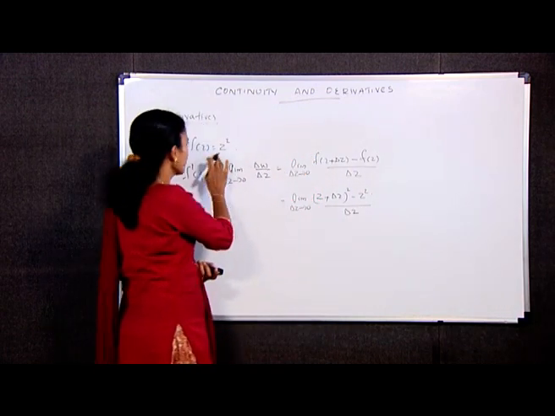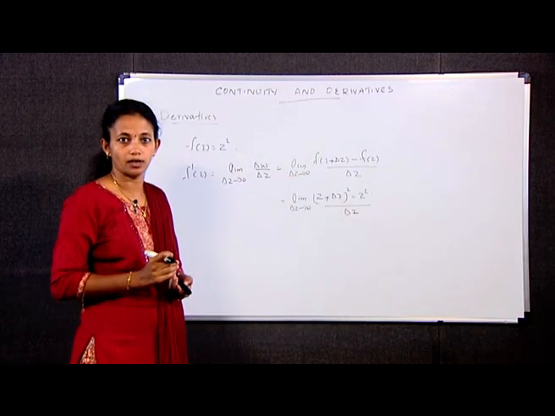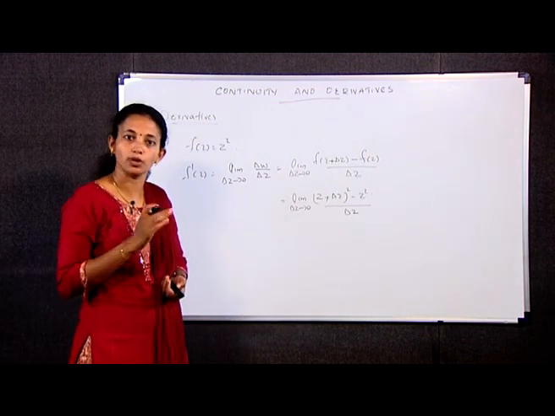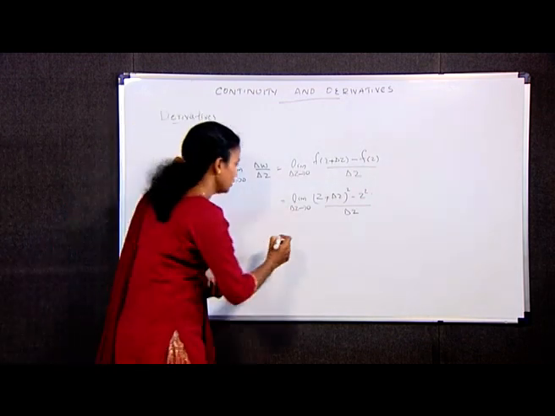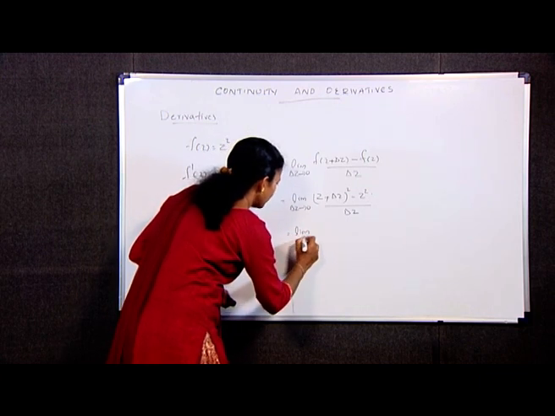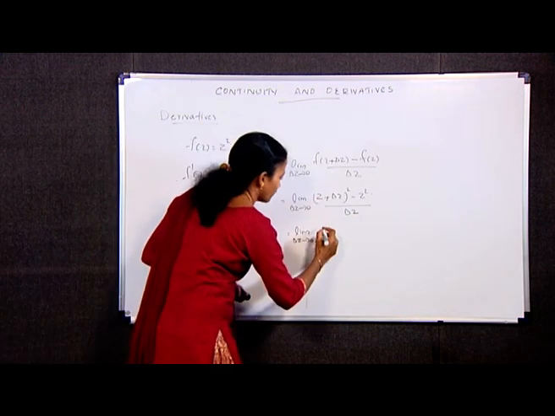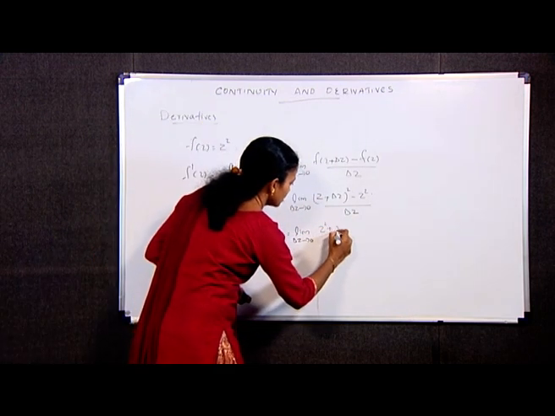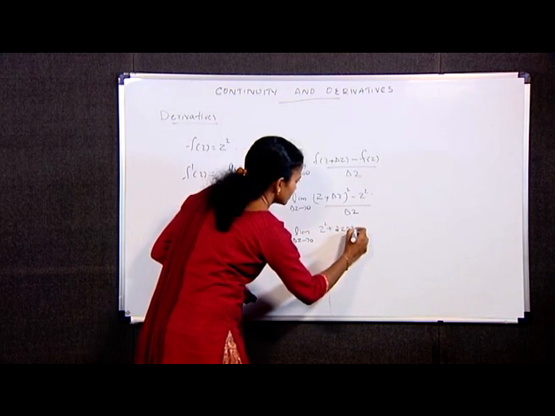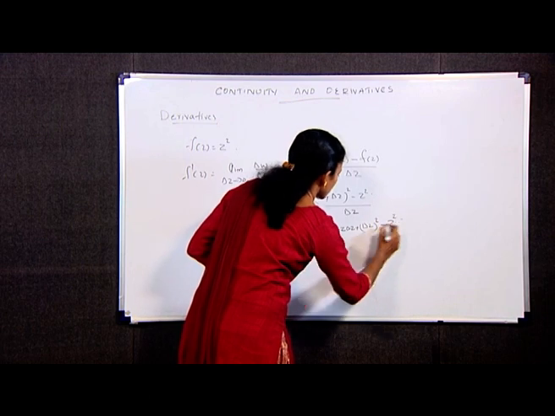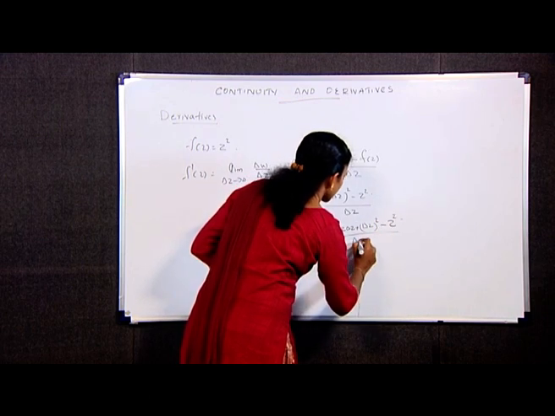Here we have f(z) equal to z square. So we can write (z plus delta z) whole square minus z square by delta z. On expanding, using the a plus b whole square form, we have the limit as delta z tends to 0 of z square plus 2z delta z plus delta z whole square minus z square by delta z.